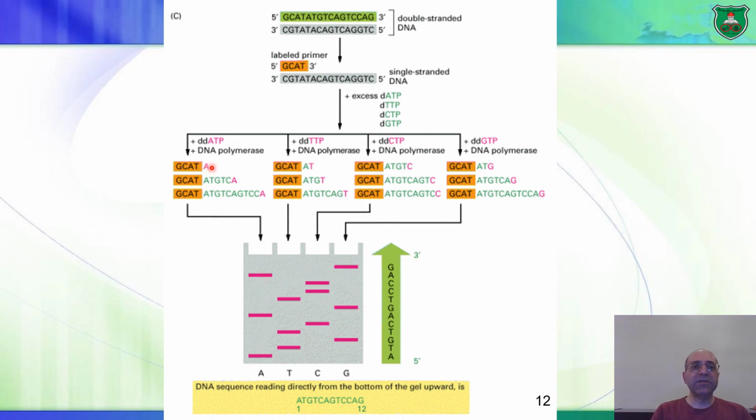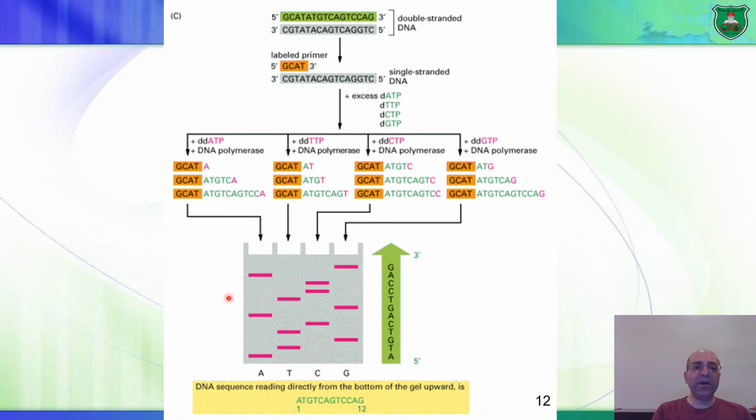Now this is the shortest DNA fragment right here. Okay, this is the second shortest. This is the third shortest. Okay, so these fragments are gonna move really fast. Now this one right here is the longest. This one here is the second longest, and so on.